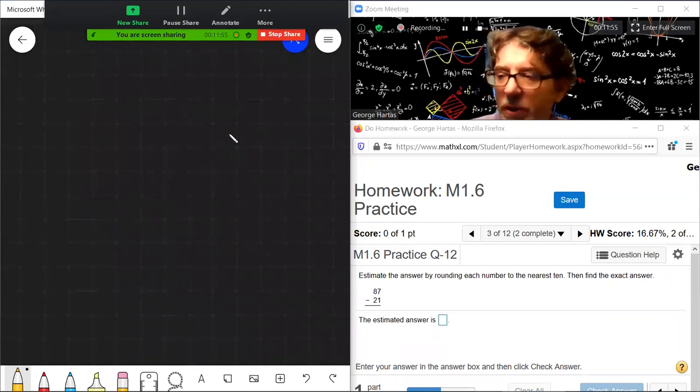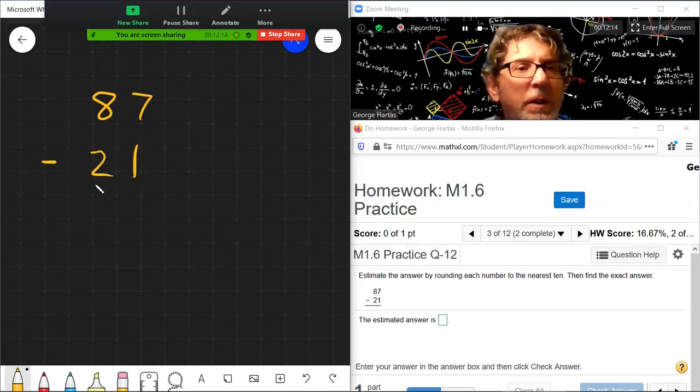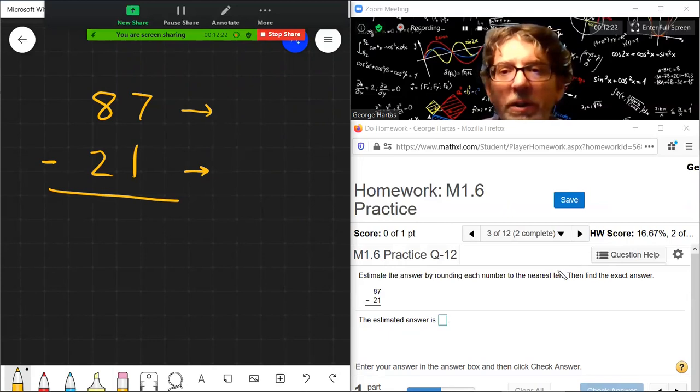All right, so estimate the answer by rounding each number to the nearest 10. Then find the exact answer. So remember, first round, then add or subtract or whatever the operation is. So 87 minus 21. Let's do the rounding part first. So we're going to round to the nearest 10.